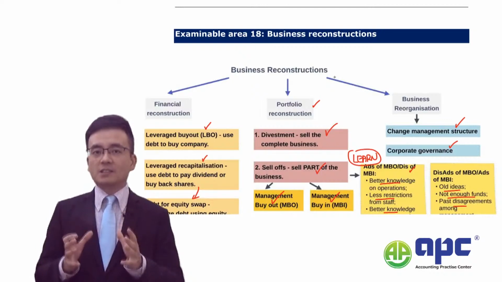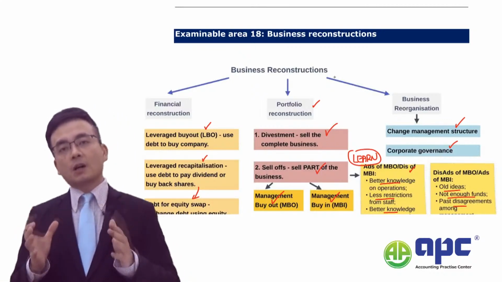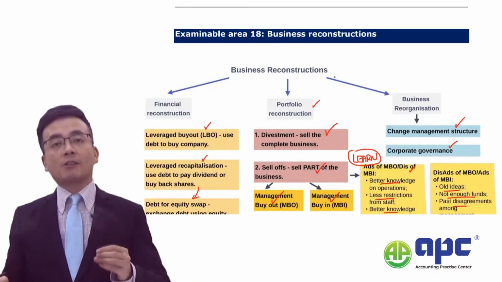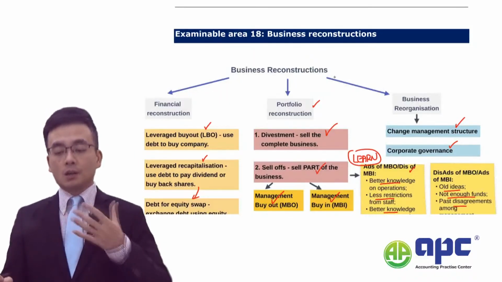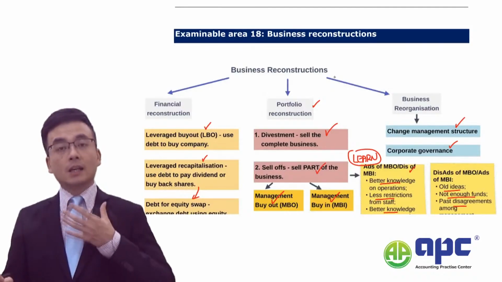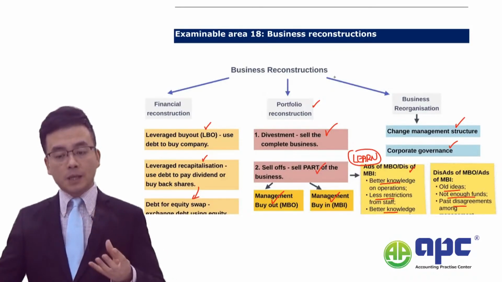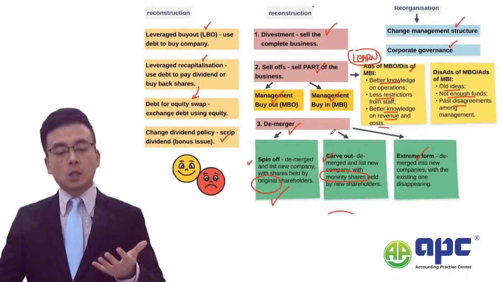So quite theoretical, really. Now, the exam questions for this area could be asking you about the pros and cons of the MBO and MBI, and asking you to tell me more about what is the demerger, spin-off, carve-out.